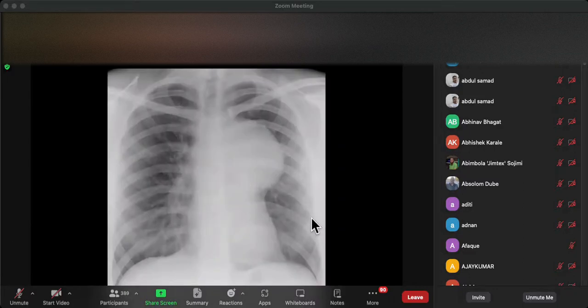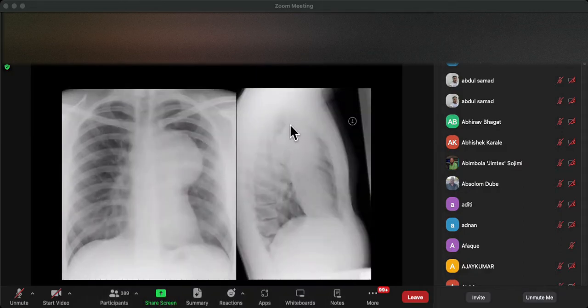Okay, where is this mass lesion? I can't see the aortic knuckle, and I can't see the left heart border. So it therefore must be involving both the anterior and middle mediastinum. It's so big, it's involving both the anterior and middle mediastinum.